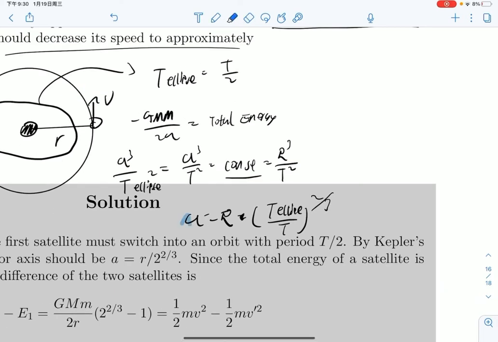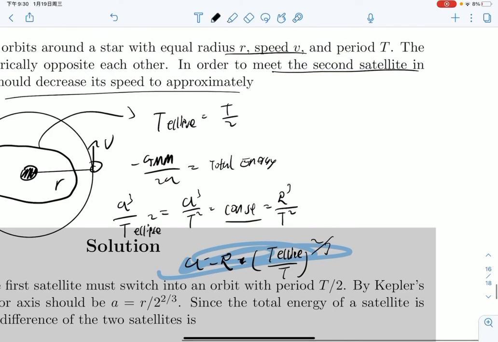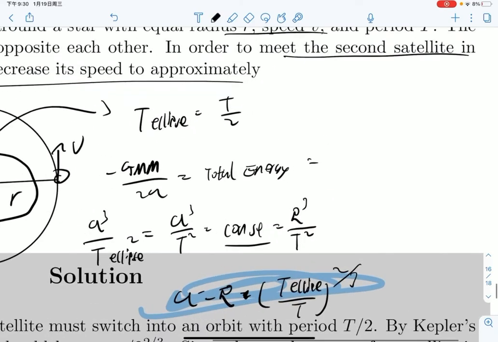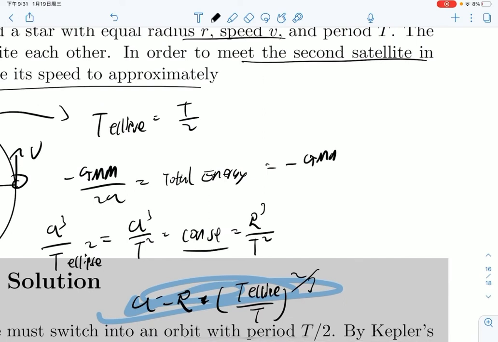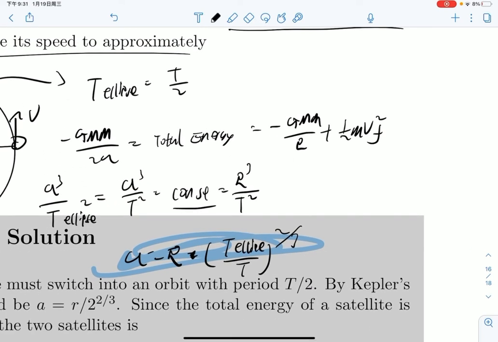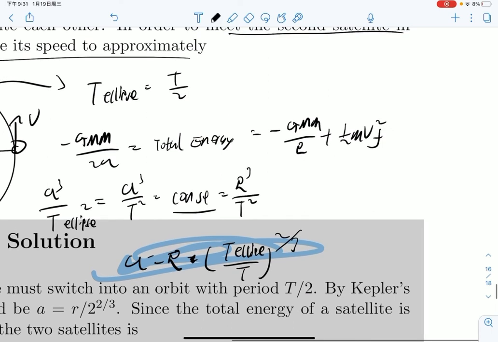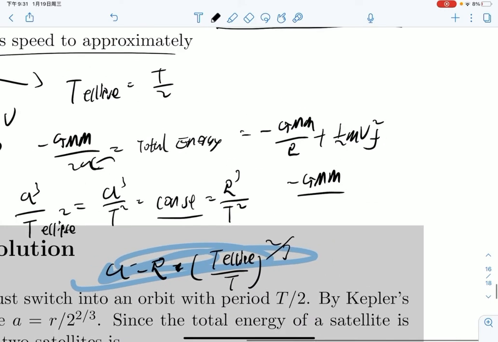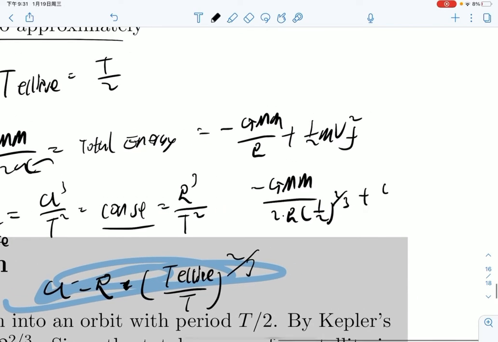And from conservation of energy, this term is equal to negative G big M small m divided by r plus 1/2 m v squared final. And if you plug in back, you can see now this term is equal to G big M small m divided by 2 times r times 1/2 to the 2/3, plus G big M small m over r is equal to 1/2 m v final squared.